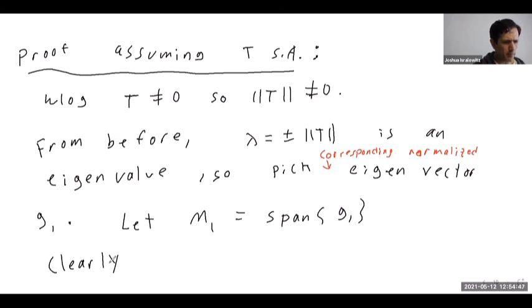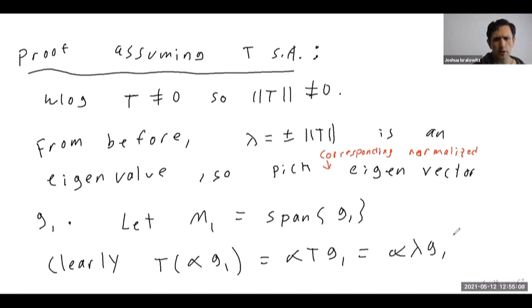Okay, so clearly M1 is an invariant subspace of T, because, well, there's not much to that. This is just alpha T g1. T g1 is lambda g1, so this is going to be alpha lambda g1.